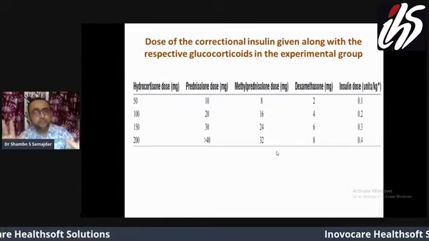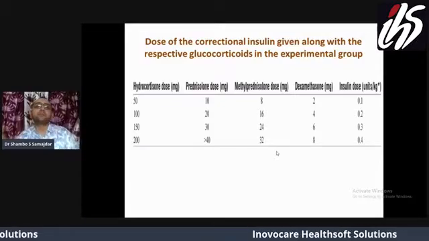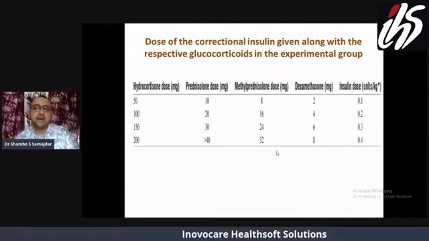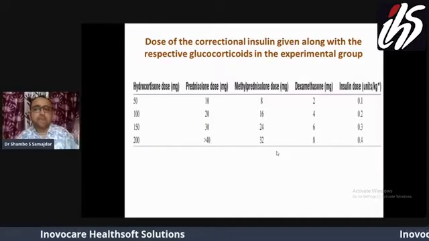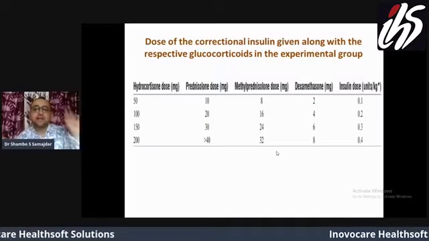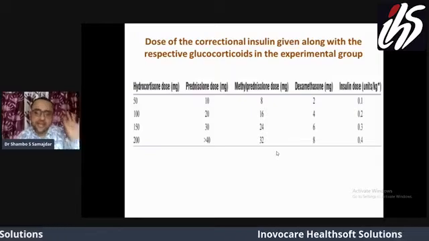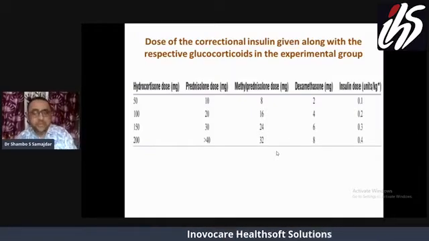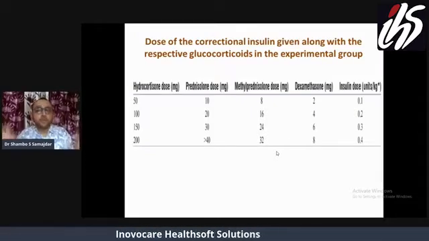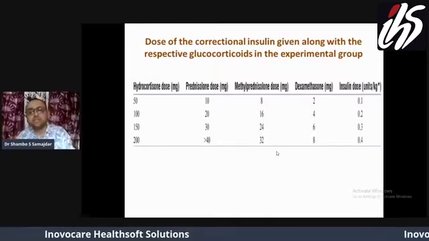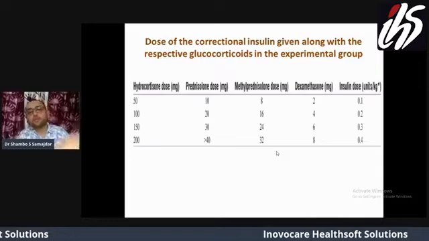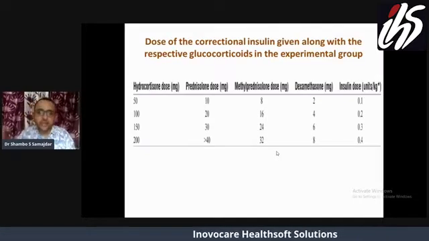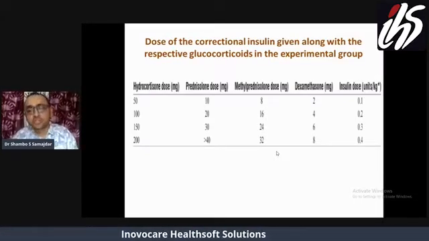So assume a patient who needs 8 milligram of dexamethasone. For him we need to give correctional insulin glargine or insulin degludec of 0.4 unit per kg. If the body weight is 60, we have to give 60 into 0.4, that means around 24 unit correctional insulin, along with that particular dose of steroid.